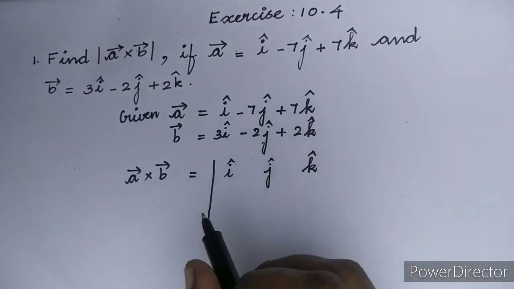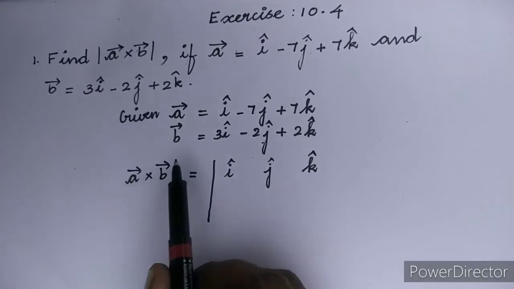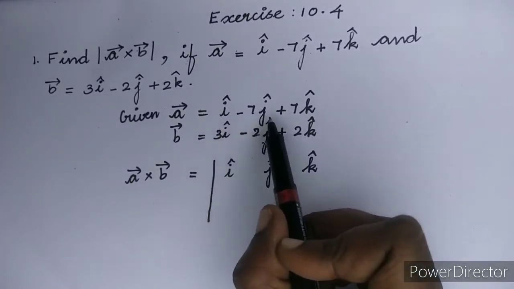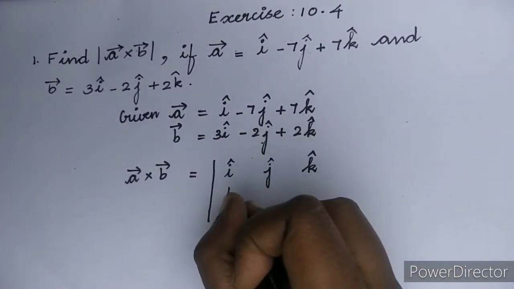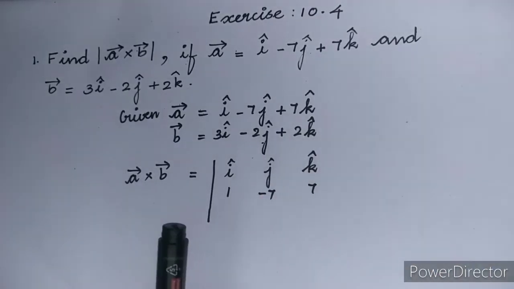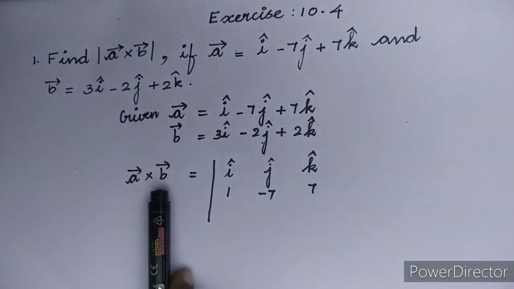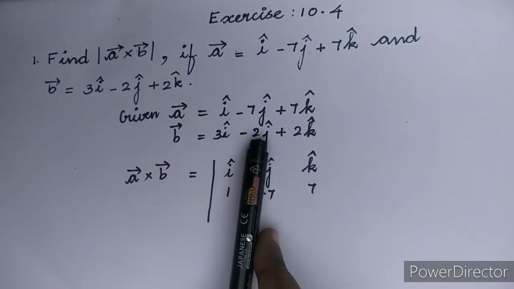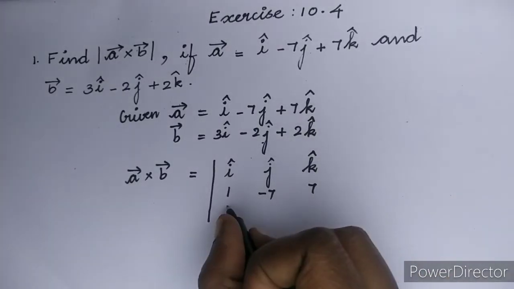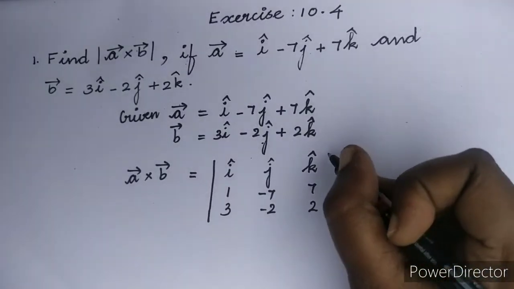And second row you have to fill with the scalar components of A vector, that is 1, minus 7, 7. And third row you have to fill with scalar components of B vector, that is 3, minus 2, 2.